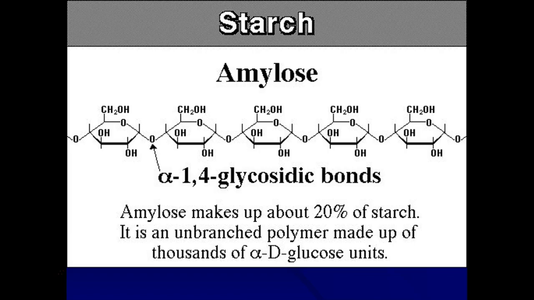So the bonds that connect one alpha glucose to another is an alpha because it's alpha glucose, 1 to 4 because it bonds between carbon number 1 and carbon number 4. And since it's a covalent bond joining 2 monosaccharides together, we call it a glycosidic linkage.